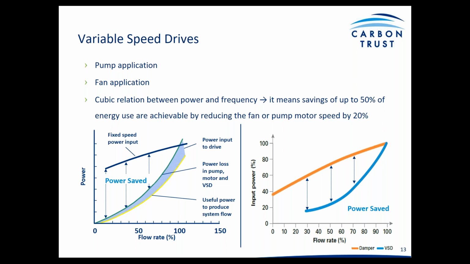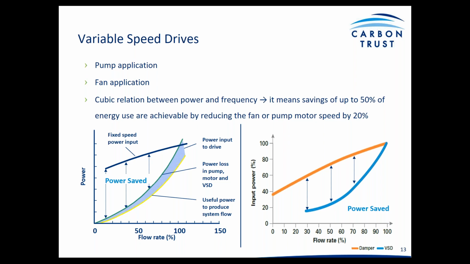This amount of energy can be saved only if the application allows you to reduce your flow rate. If you have to use your motor at full speed, it might not be worth looking at variable speed drives.